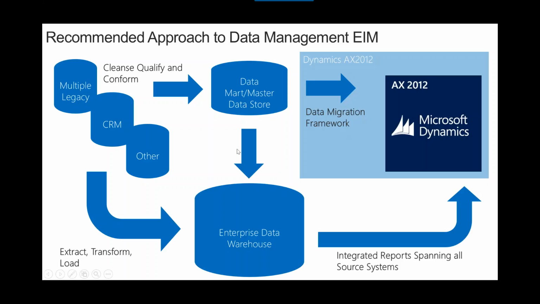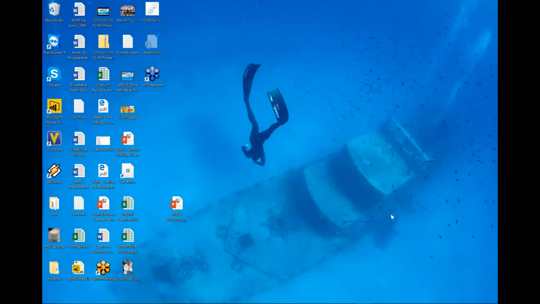Now, the nice thing about this data mart and this master data store is it builds the foundation. This builds your master data, your dimensional type data for qualifying your transactions. It builds the framework to actually build an enterprise data warehouse. So we're halfway there at this point. We start pulling our historical transaction data over as well, and then we're able to build integrated reports spanning all our source systems.